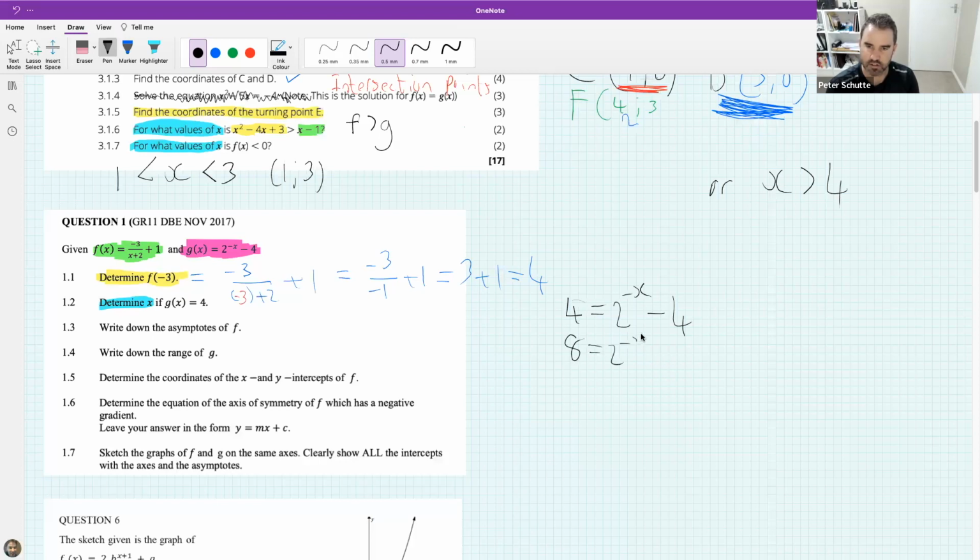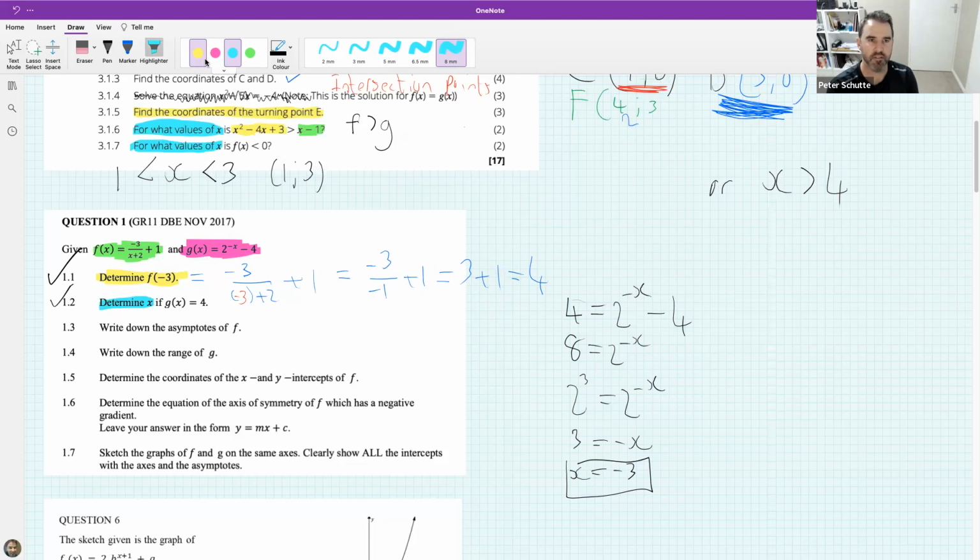So you get 8 is 2 to the minus x. Then we want to make the bases the same. And then we can say 3 is minus x, or x is minus 3. So the answer to 1.2 is x is minus 3.